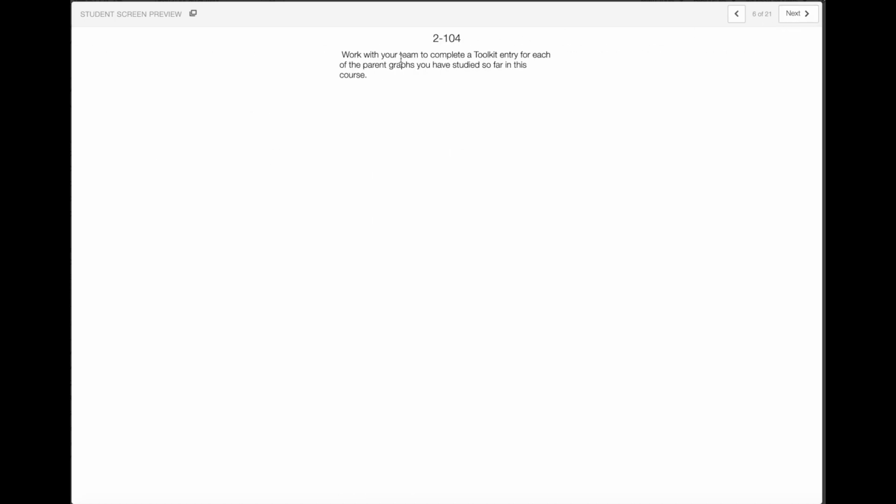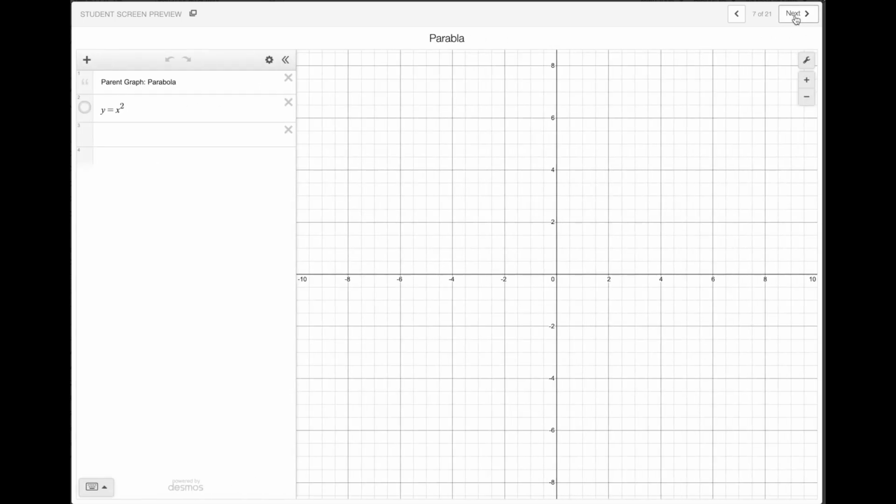So you guys will be working as a team or individually to be able to work on a toolkit for every parent function. So we are going to work on this one, on the parabola. Click on it, hold it down, and you can change the color.